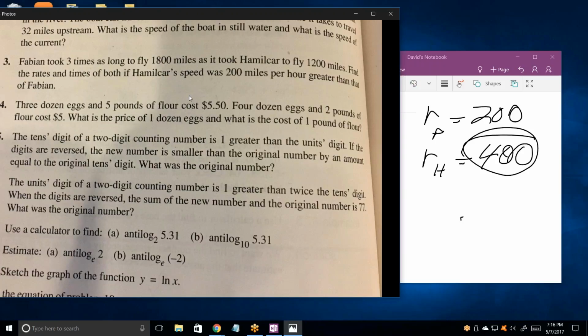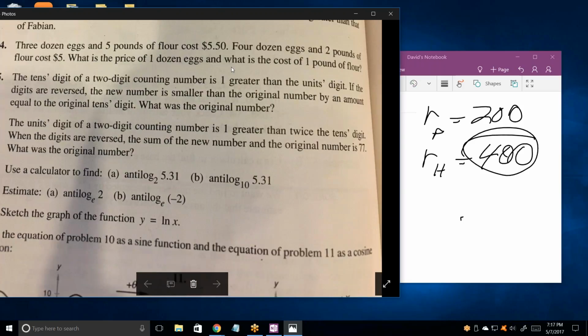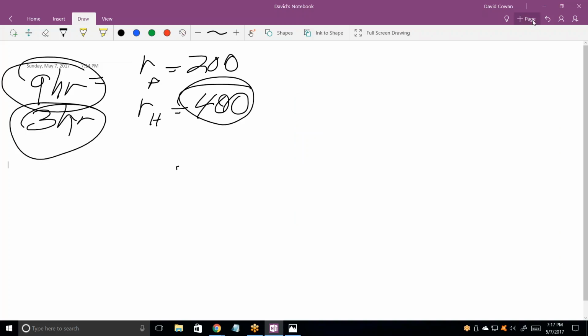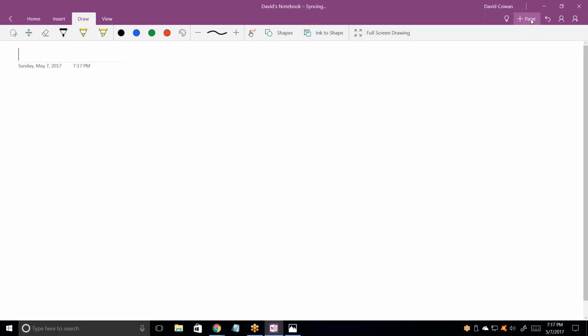I have one, number 12. It says, convert 5 minus 12i to polar form. What's the number? 5 minus 12i to polar form.